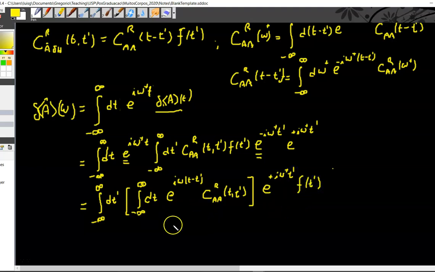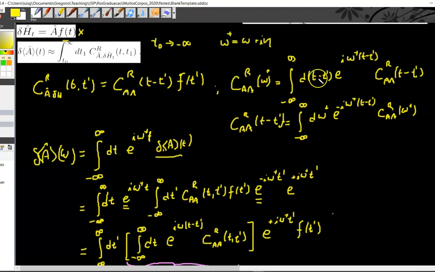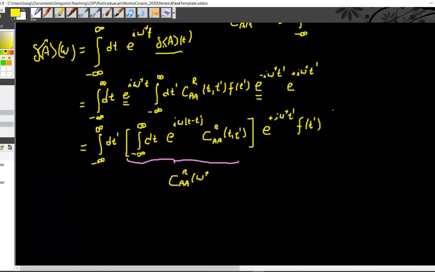Okay, and this is precisely CAAR at omega, right? That's the definition. I'm integrating over t, so t prime is fixed here, so this is just dt, the way I'm doing it, right? It's all inside.